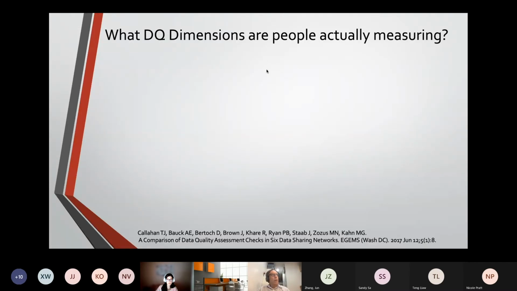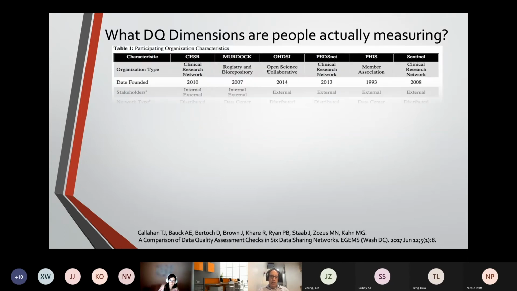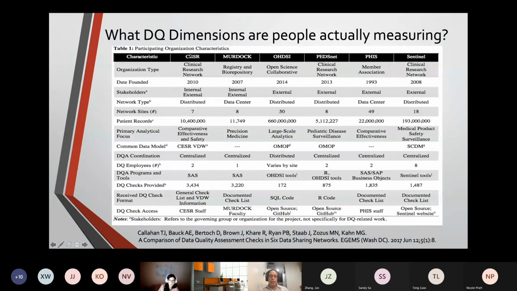Now, one of the things that we were interested in finding out is, people have been measuring data quality for quite a long time, and there's a number of different publications out there that describe various data quality programs. So I had a student, Tiffany Callahan, reach out to 6 different data networks. This is about 3 or 4 years ago that Tiffany did this, and these are very different networks. OHDSI is included here.